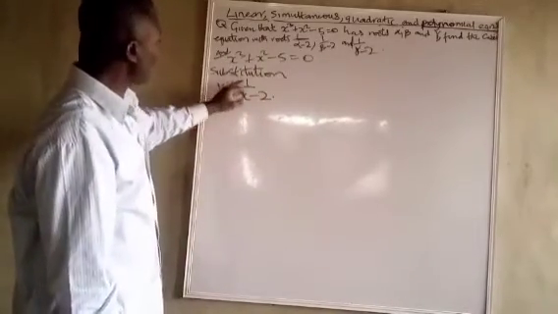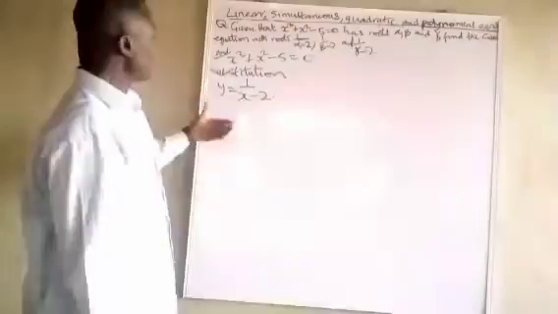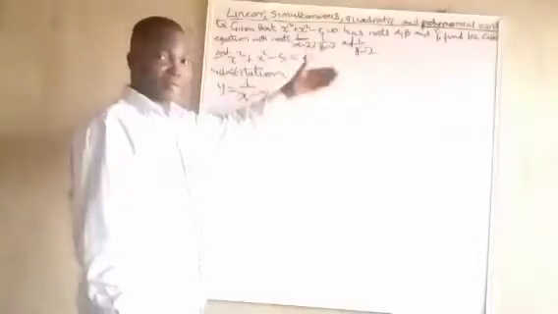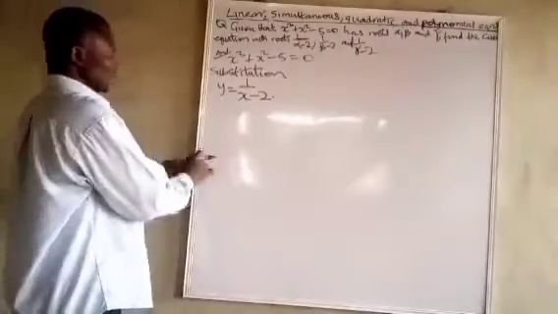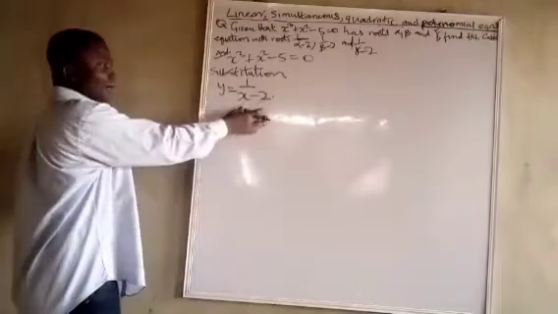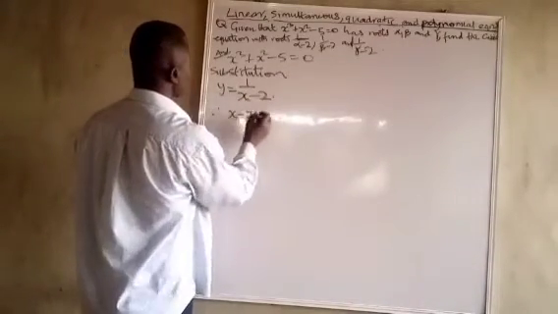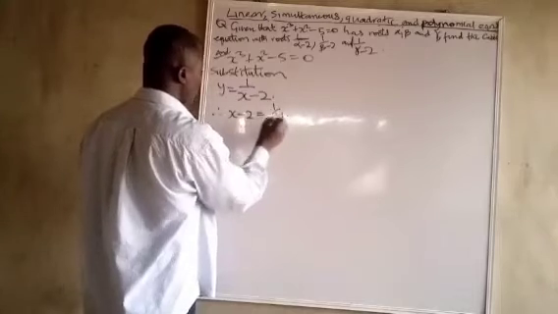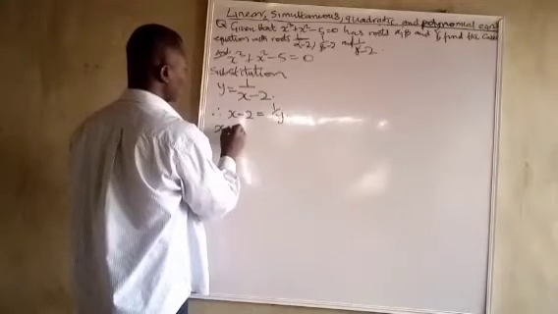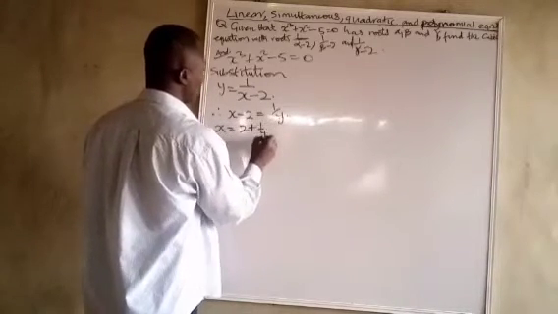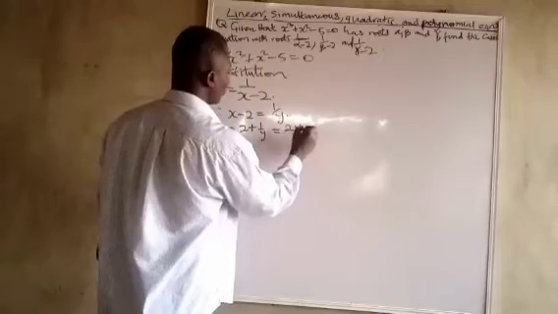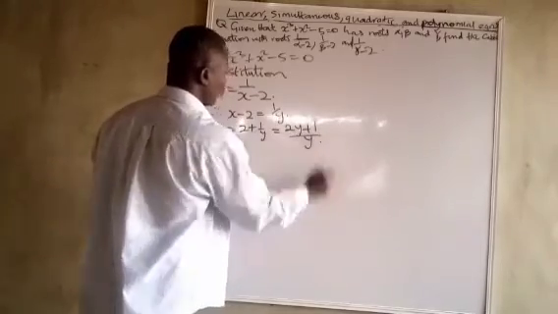And each y will be 1 over x minus 2. That is, we are going to have 1 over alpha minus 2, 1 over beta minus 2, and 1 over gamma minus 2 as the new roots. Therefore, x minus 2 is equal to 1 over y. So x equals 2 plus 1 over y, which is 2y plus 1 over y.